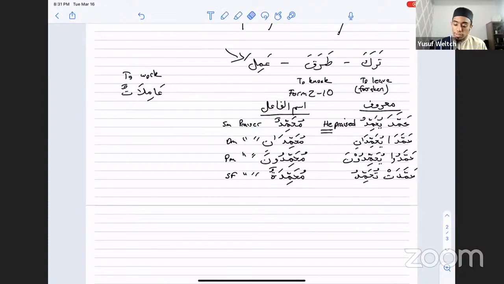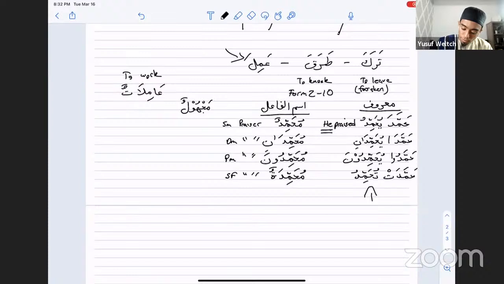Now, if I wanted to do this majhul, right? What is majhul again? Passive. Good. So majhul verb, right? If it's form 1, then the first letter gets a dhamma, second to last letter gets a kasra. If it's form 2 to 10, then the first letter gets a dhamma, and the second to last letter gets a fatha. Obviously we're talking about the present tense verb.